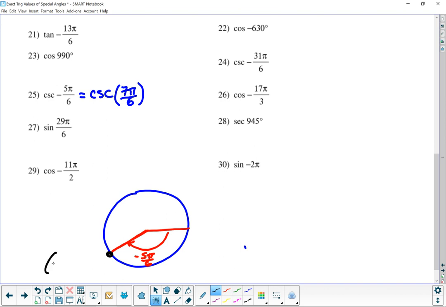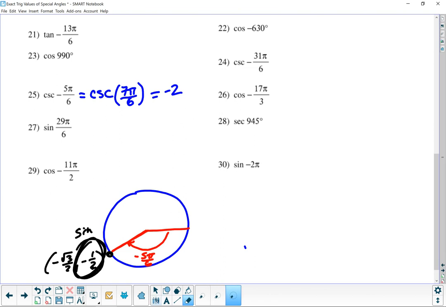It's going to be negative radical 3 over 2, comma negative 1/2. Since we're looking for cosecant, it's going to be the flip of the sine, and the sine is negative 1/2. So the flip of that is going to be negative 2. You can put negative 2 over 1, but really it's just negative 2.